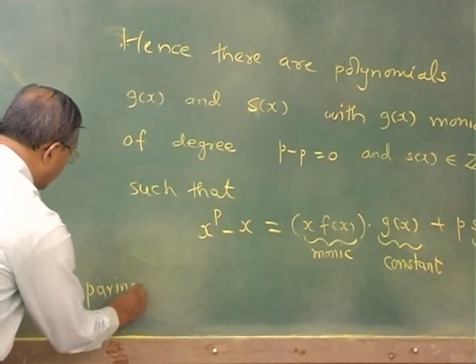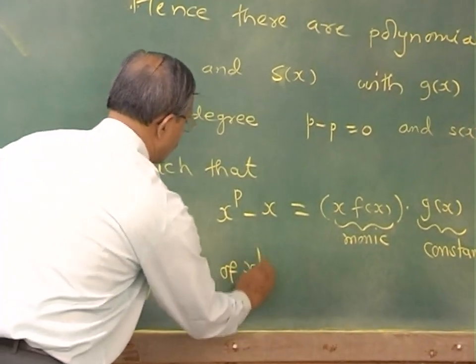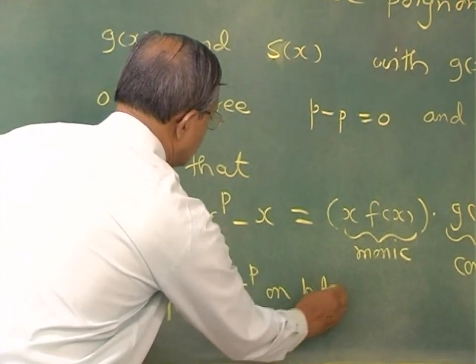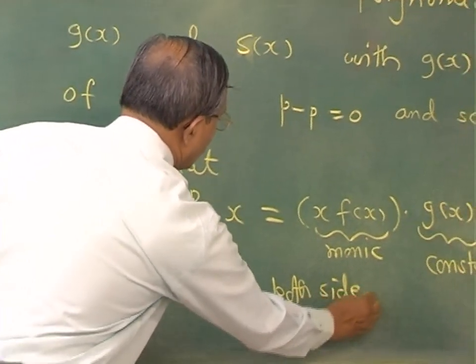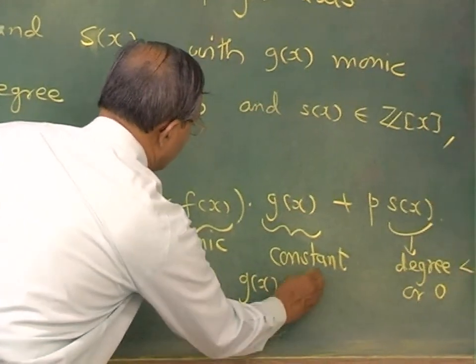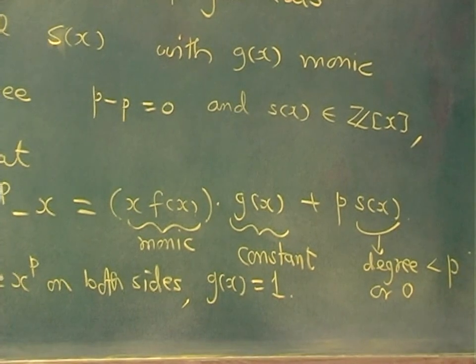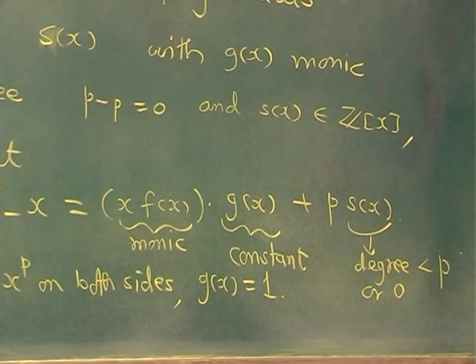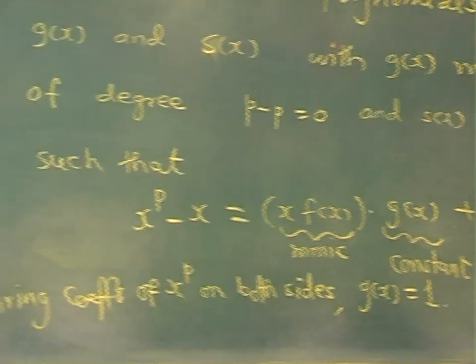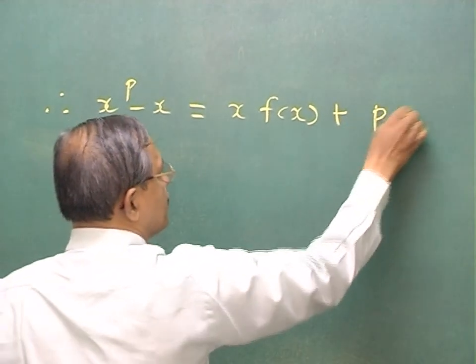Comparing coefficients of x^p on both sides, g(x) equals 1, and so x^p minus x equals x f(x) plus p times s(x).